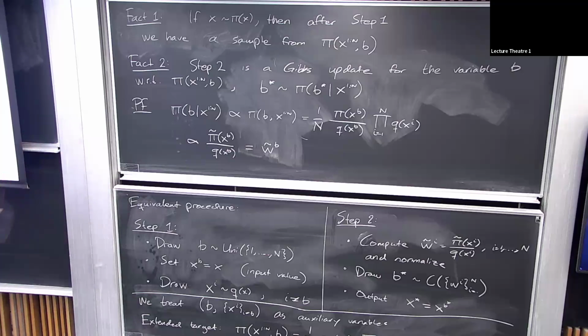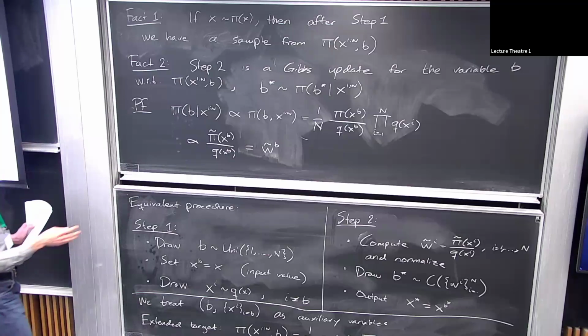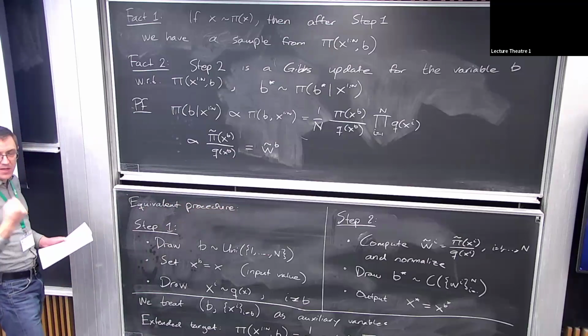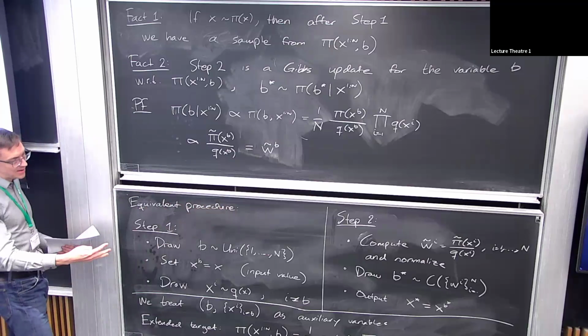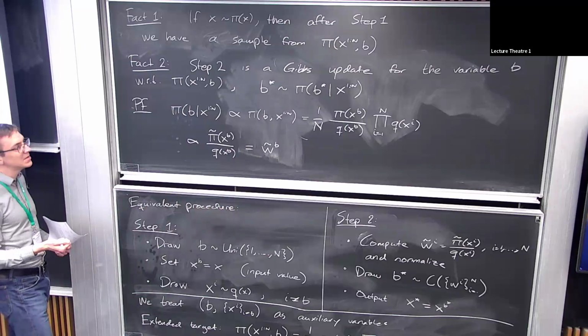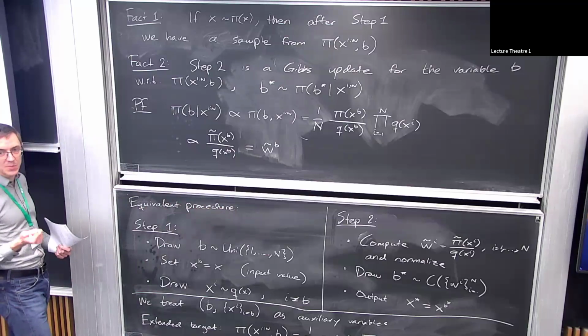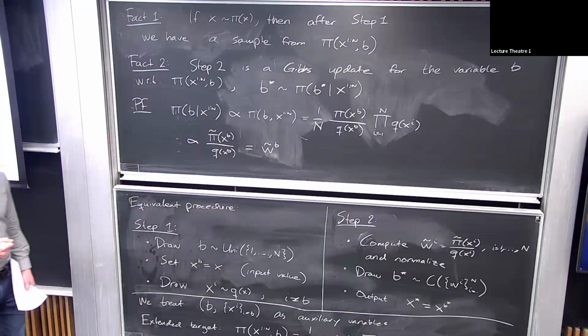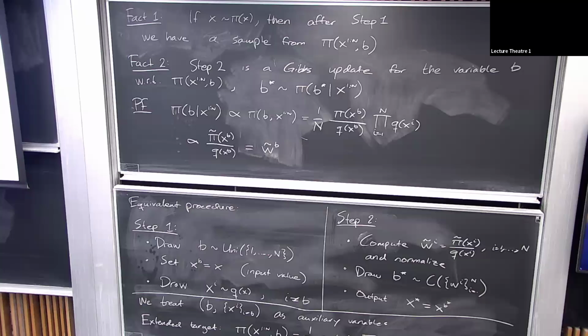And if we put this together, we now have that this procedure, step 1 and step 2, does the following: they take the input value x, we impute all the missing values for this extended target, and then we do a Gibbs update on B, and then we output x_b. But according to the extended target, x_b is actually distributed according to π. If the input is distributed according to π, then so will the output. And therefore we have proven this first theorem.